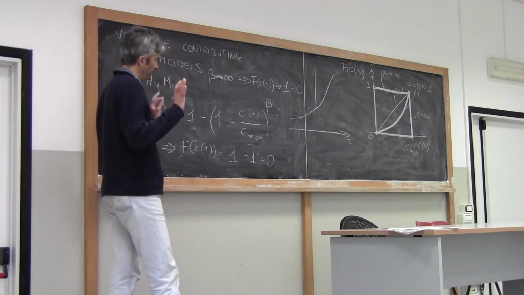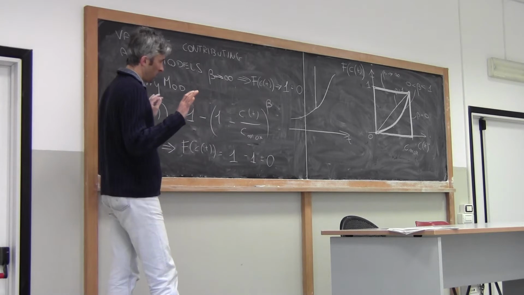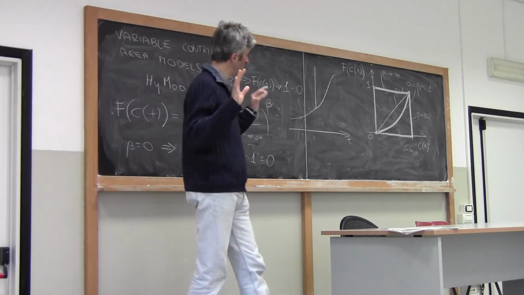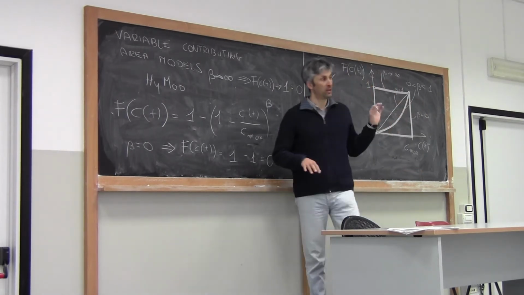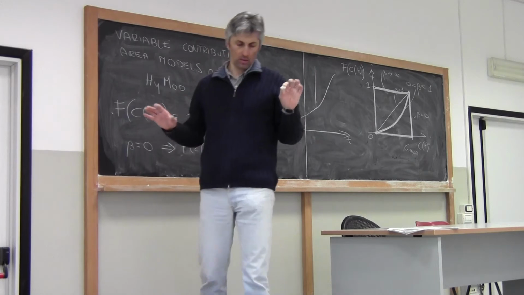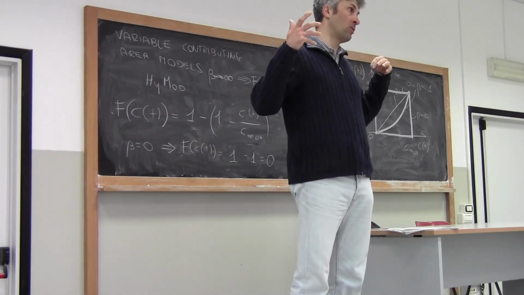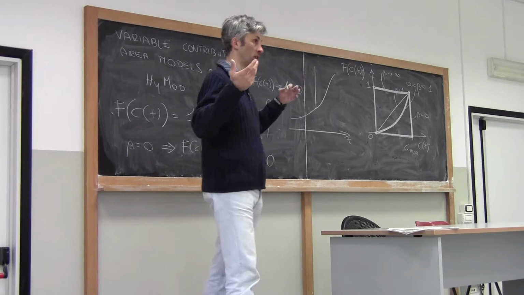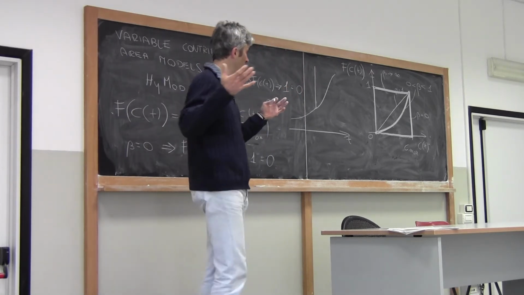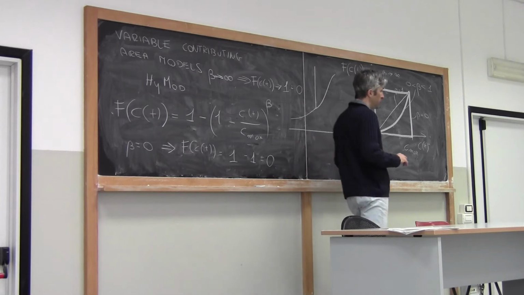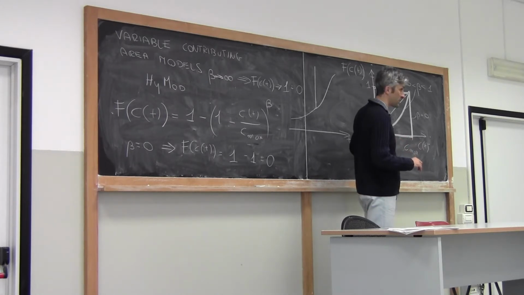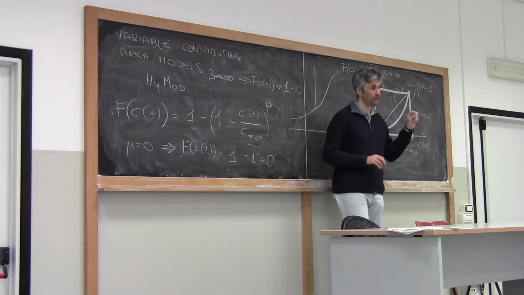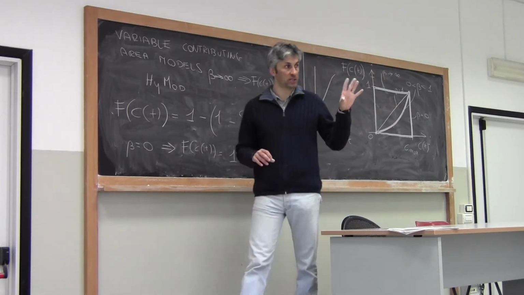Okay, now, at this point we have quite clear what is the shape of this relationship that we were looking for. Now, we have to ask ourselves how the river discharge can be computed. Because at this point, if we knew rainfall and if we knew evapotranspiration, we would be able to estimate the percentage of the saturated area.